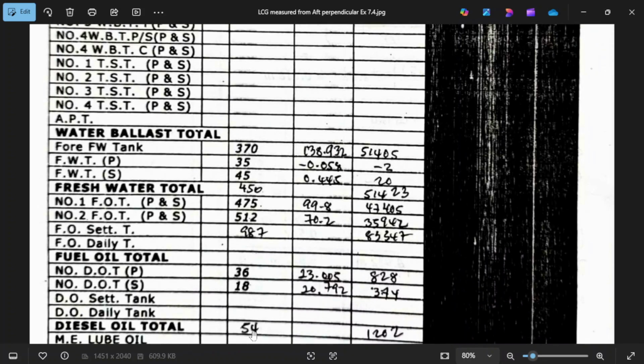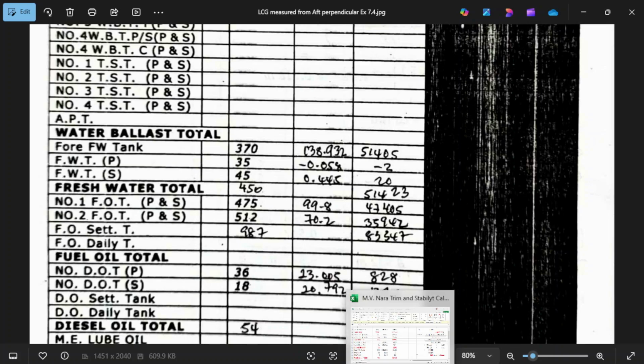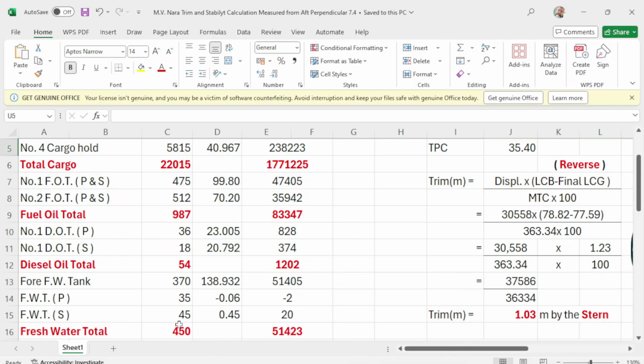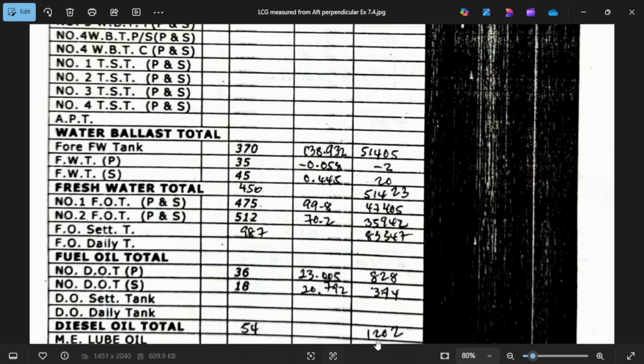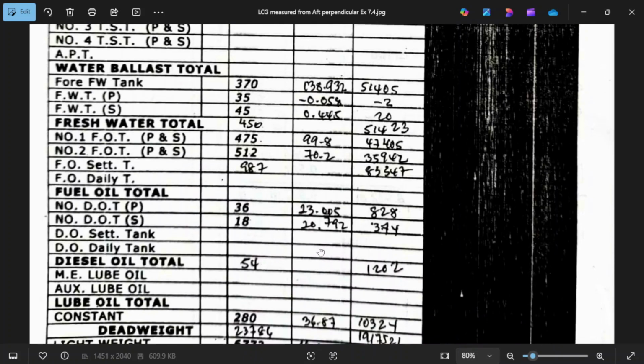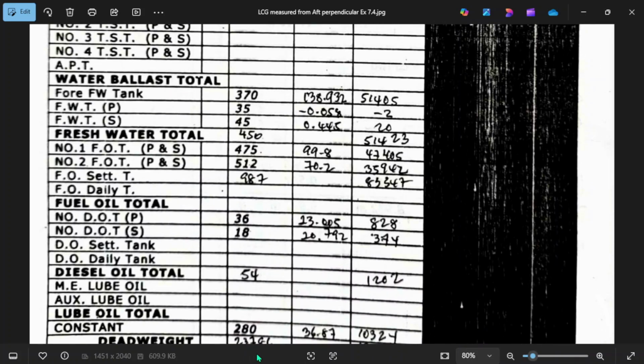So diesel oil is 54, and the LCG moment is 1202. Okay. And your constant is 280.